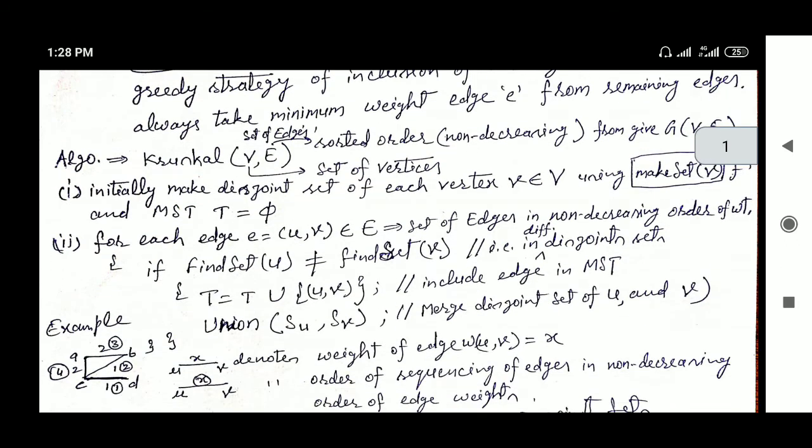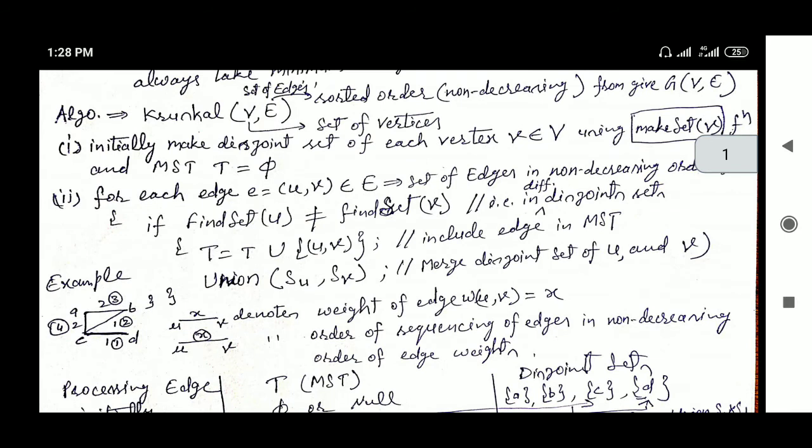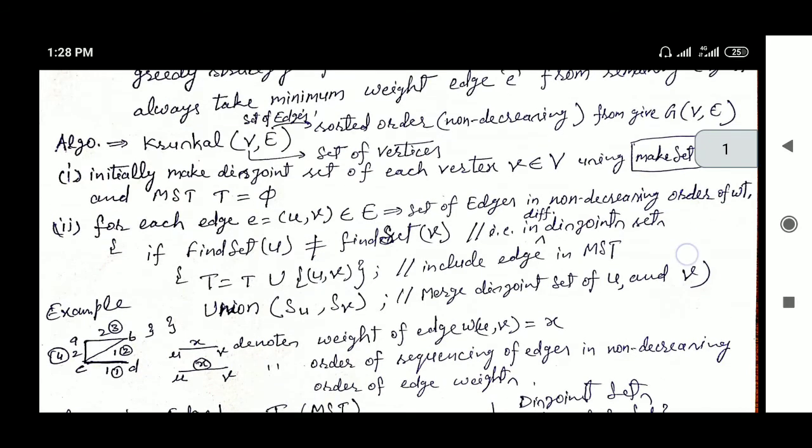So for doing this we will need the function make set v. For the Kruskal algorithm, we will take edges in sorted order with respect to non-decreasing weight of edges from the given graph G(V, E), and the set of vertices as given in the graph V.